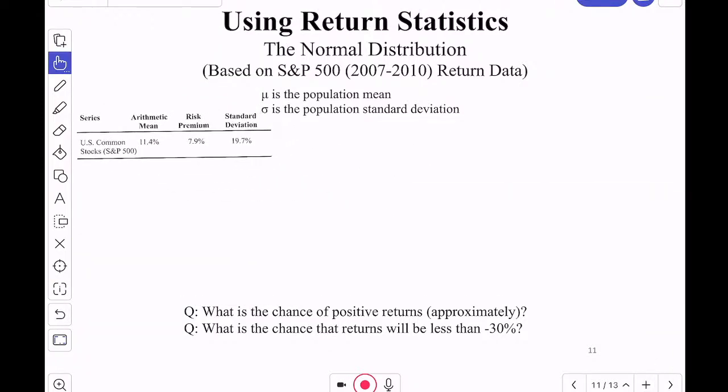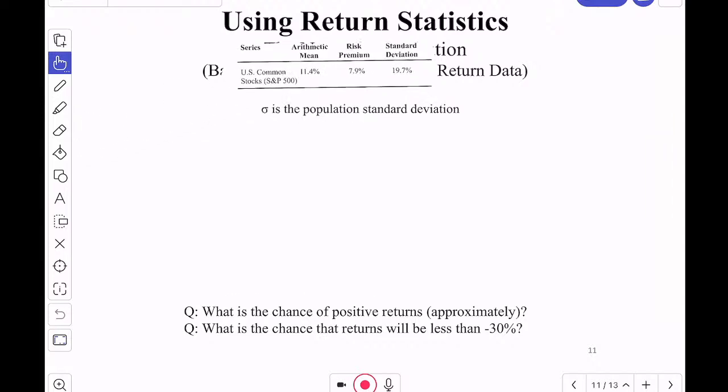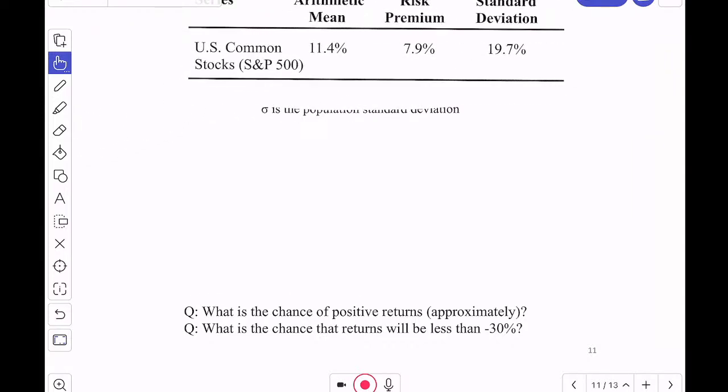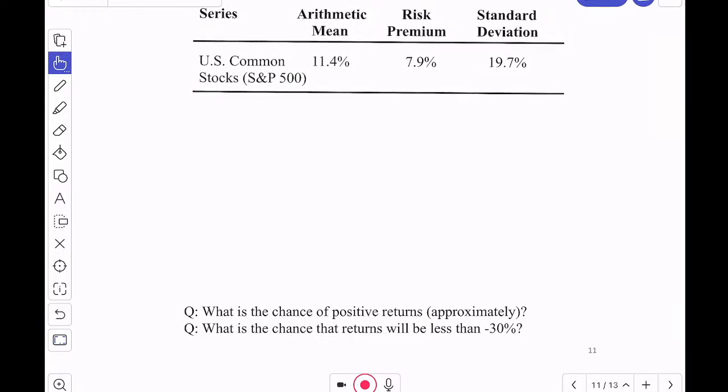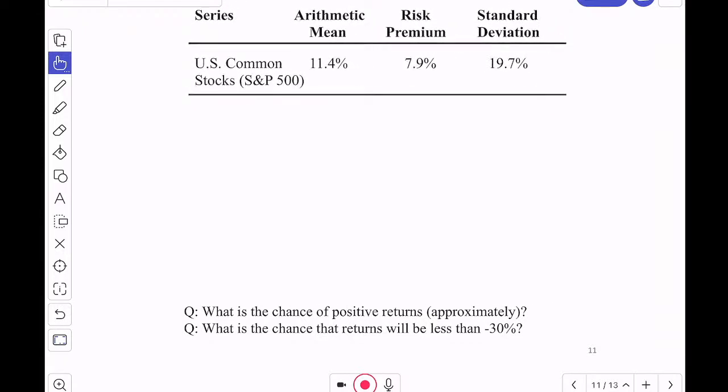So this is your information. I'll just cover this. Okay, so this is your mean. There's some other information in there, but for now, this is your mean, and this is your standard deviation.